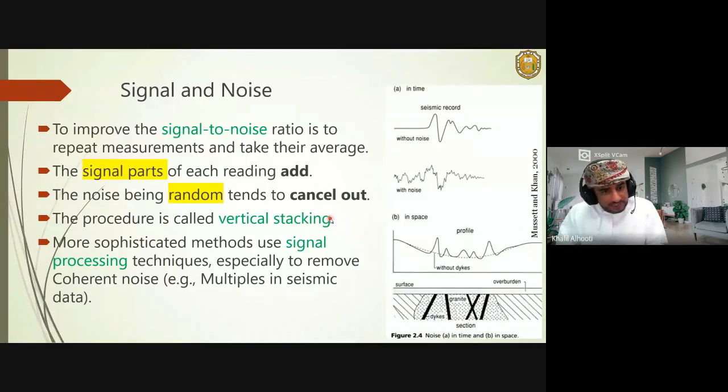But maybe there is a noise. How to improve the signal and suppress the noise is to keep hitting, taking the measurement again and again and again, maybe 10 times, maybe 15 times. But keep in mind that the more you hit, the more time you spend.